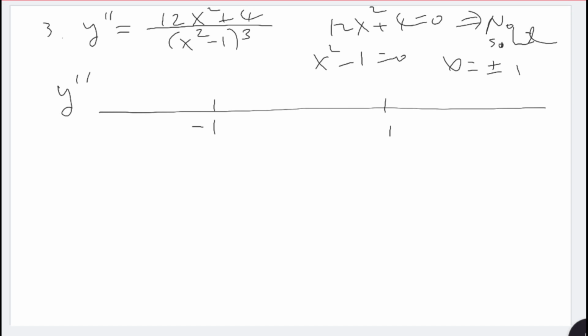So all we have to worry about is the sign of the denominator, okay? So check the interval from negative infinity to negative 1. Pick negative 10. Plug in negative 10 for x. So that's basically 100 minus 1, it's positive.